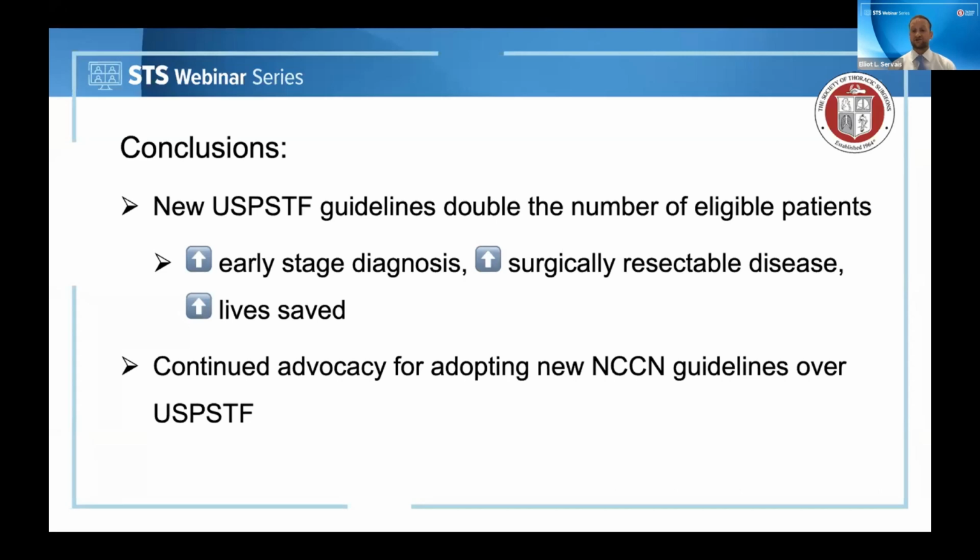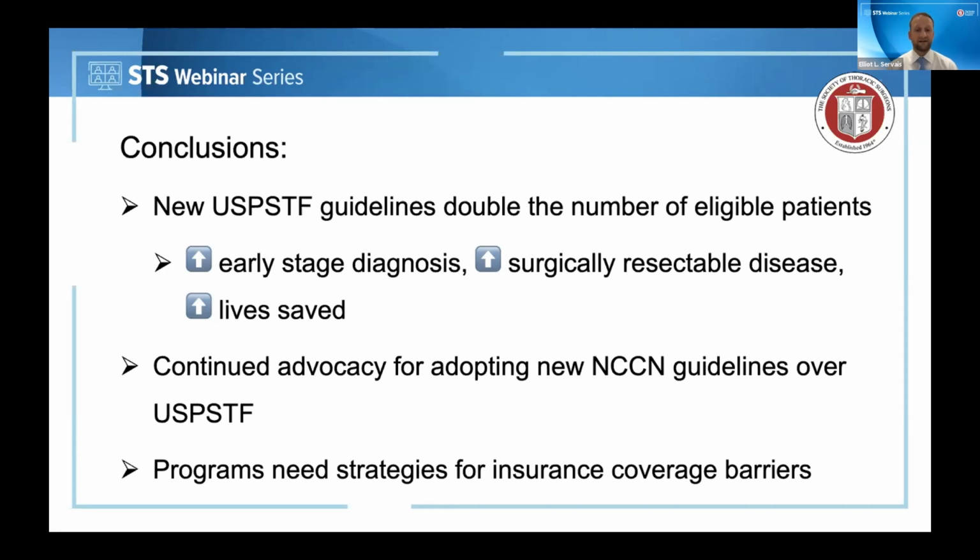And based on the data that I showed you from our own Lahey Cancer Registry, there is a significant opportunity to identify more lung cancers and save more lives. And finally, programs need to have strategies to overcome the insurance barriers that do exist and will exist.